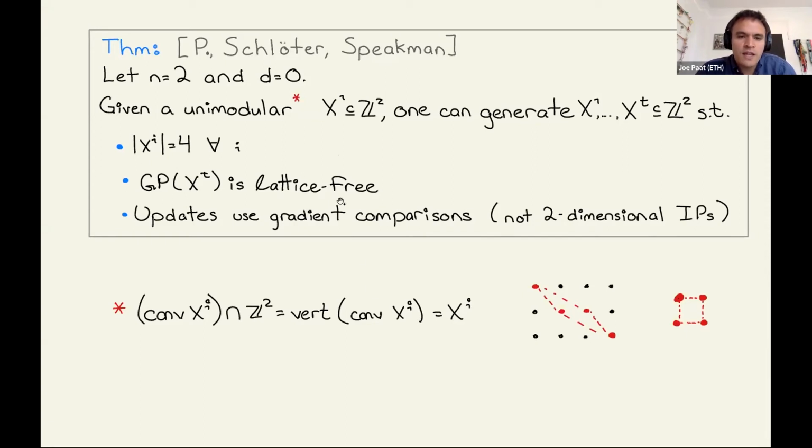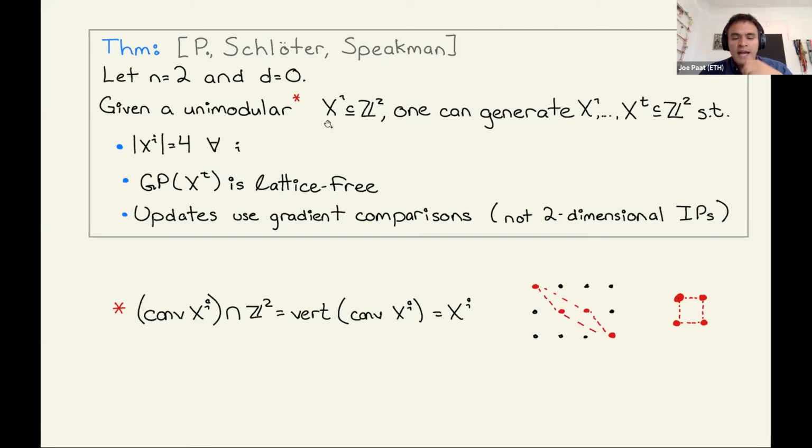So if we start with any, I'm going to call it a unimodular set. So what is a unimodular set? Well, it's any set of integer points where the convex hull of the integer points is equal to the set itself. So it's really defined by some unimodular matrix plus an anchor point here.